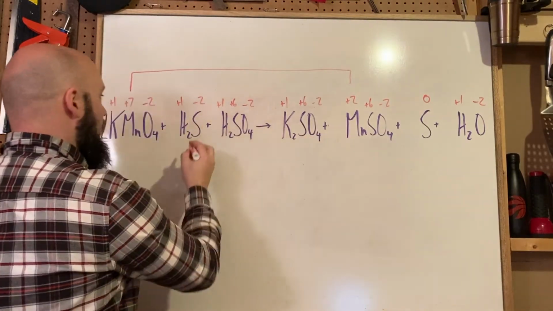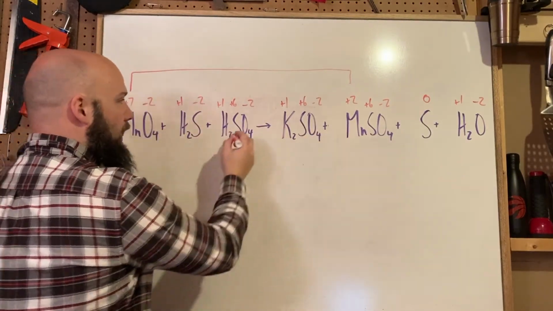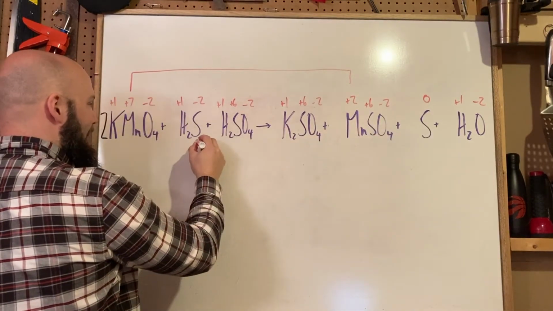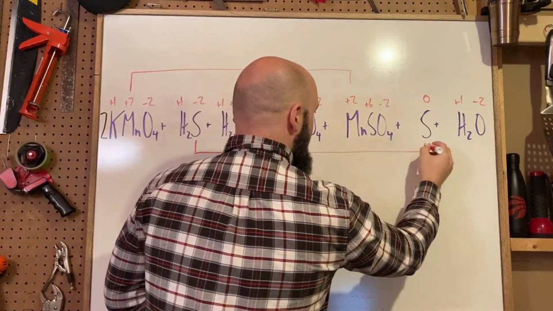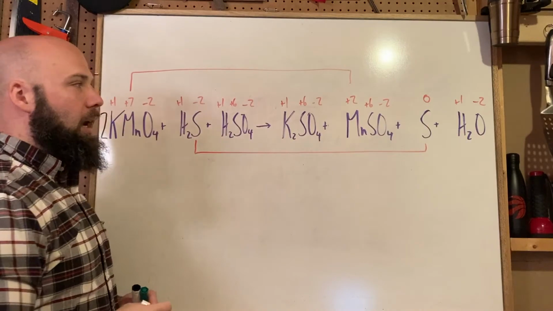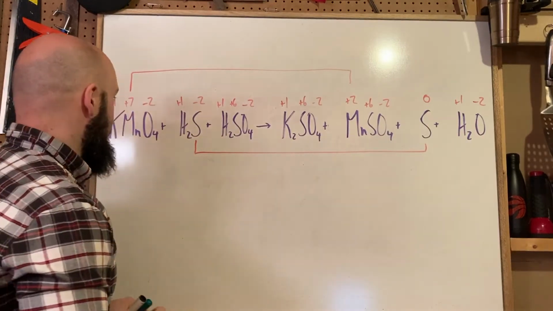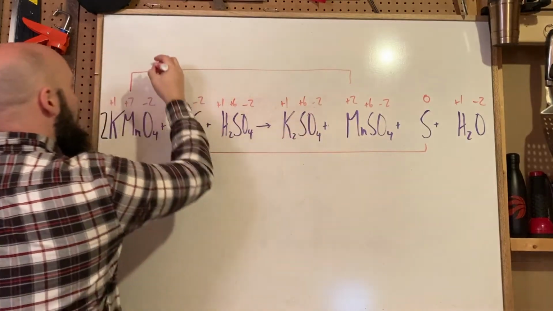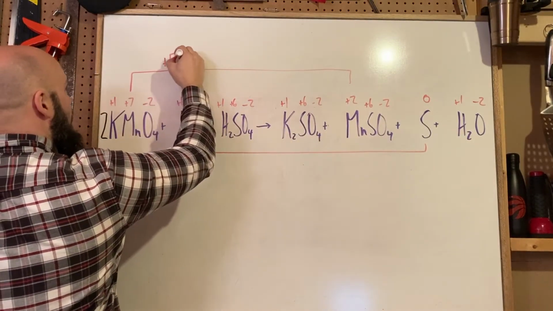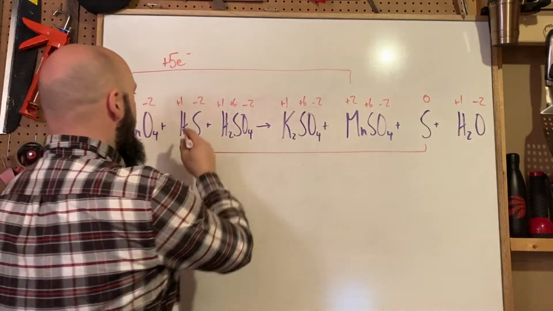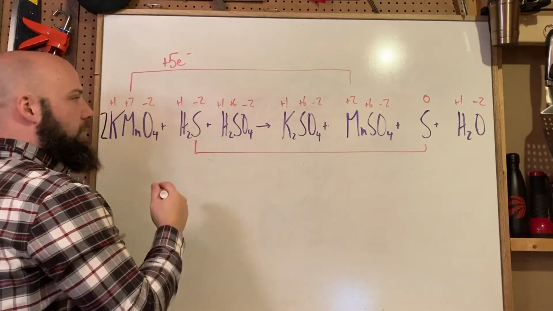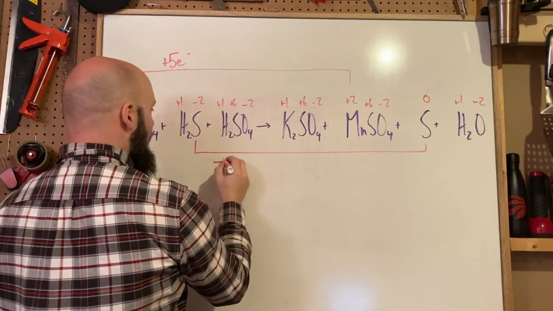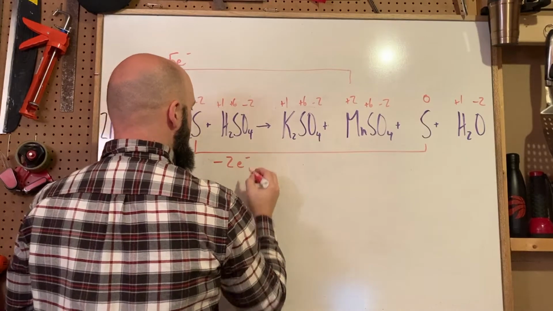And the sulfur in the sulfates will remain +6, and then this sulfur will be where the other redox reaction occurs. So going from +7 to +2 means you have gained 5 electrons, and going from -2 to 0 means you have lost 2 electrons.